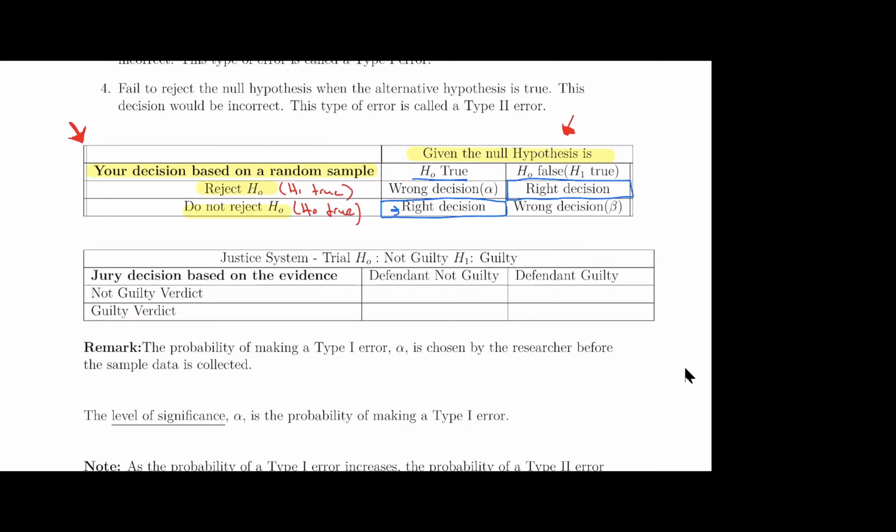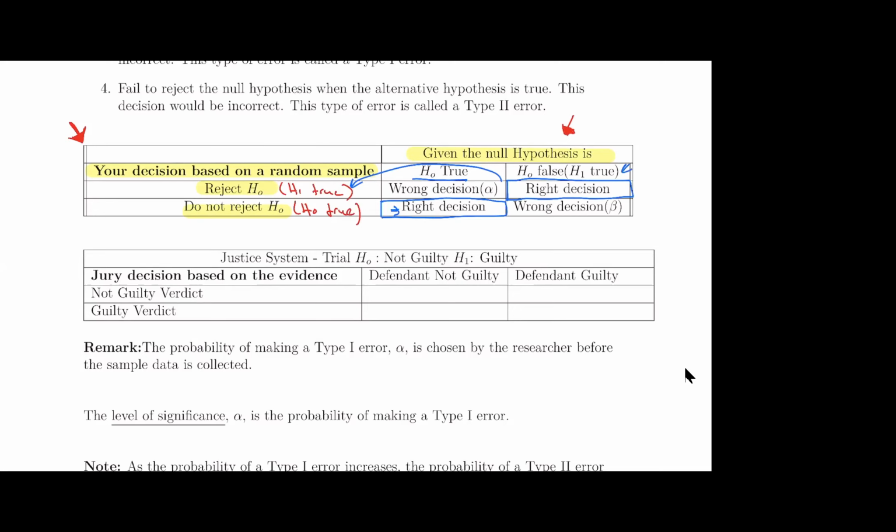Here's another case scenario. So right here, we reject the null hypothesis. So we're saying the null hypothesis is wrong and we're saying the alternate hypothesis is correct. And if you look at this column on top here, it's saying H0 is false and the alternate hypothesis is true.